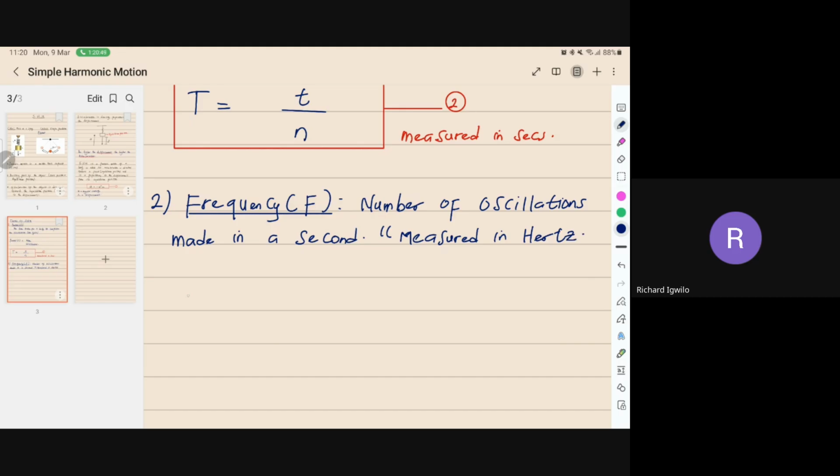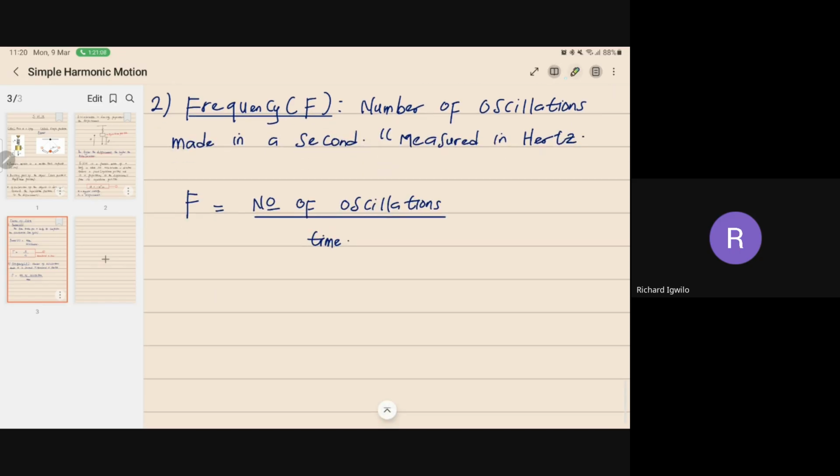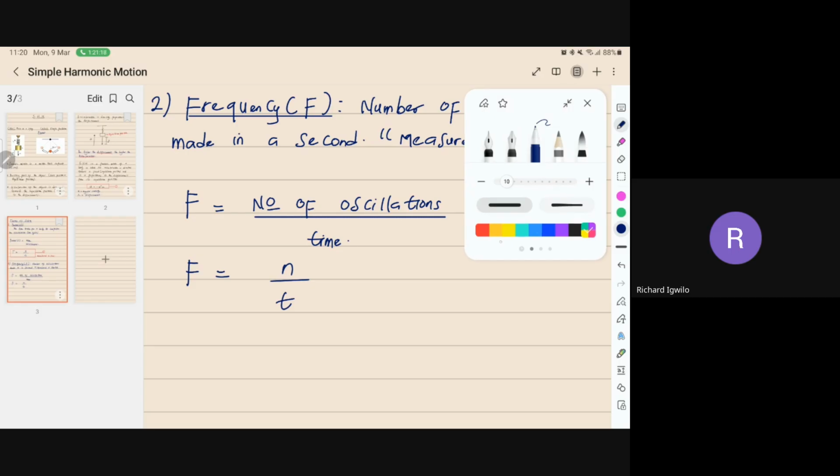So your frequency F is simply telling you that you are accounting for the number of oscillations per time. So mathematically, for some of us that are very conversant with waves, you should have seen this equation somewhere. So F is equal to N all over T. Now, let this be my equation number 3.